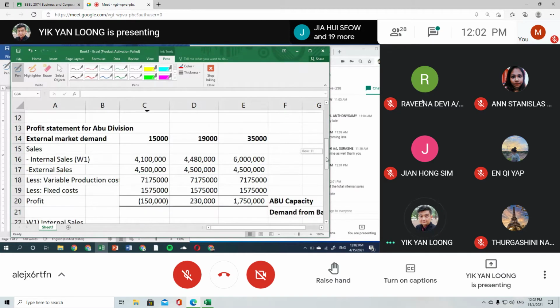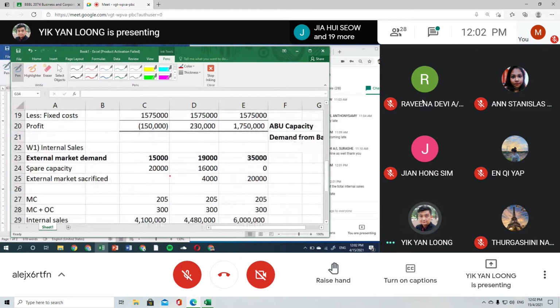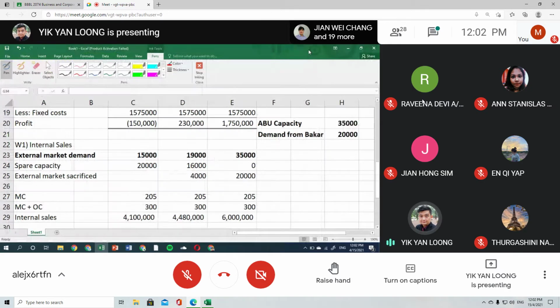So to do this, we come to this working. Now, Abu's capacity is 35,000. Annual demand from Baka is 20,000. So capacity is 35,000 minus 15,000 external demand.